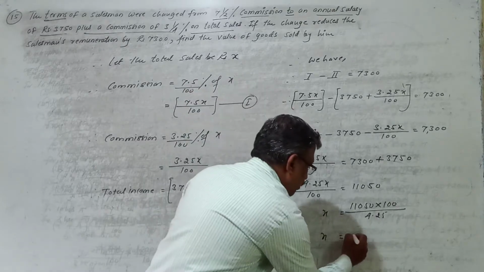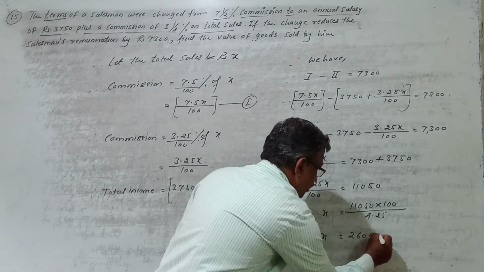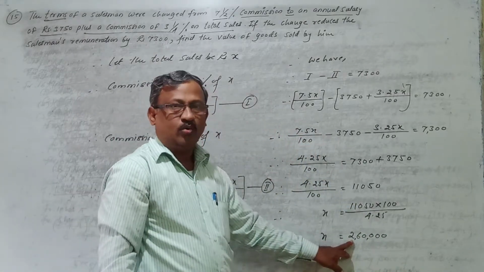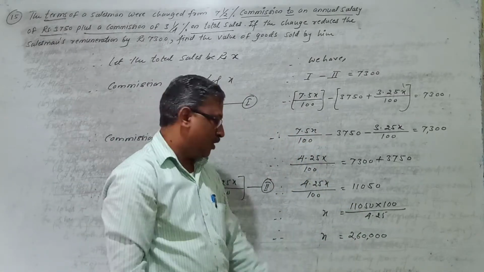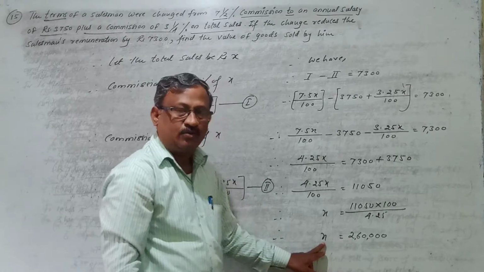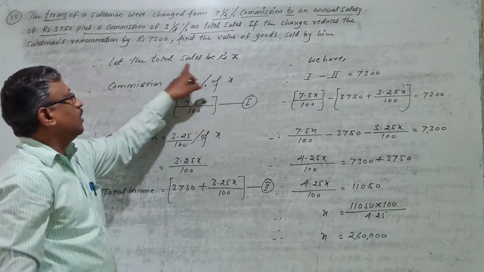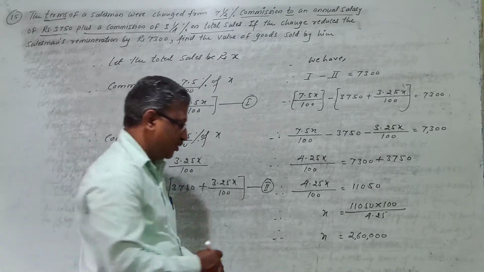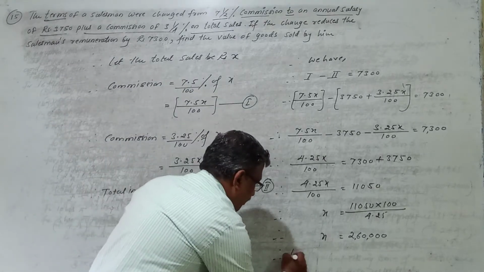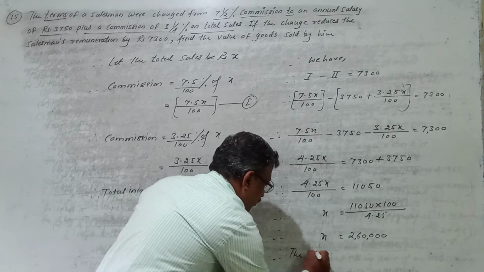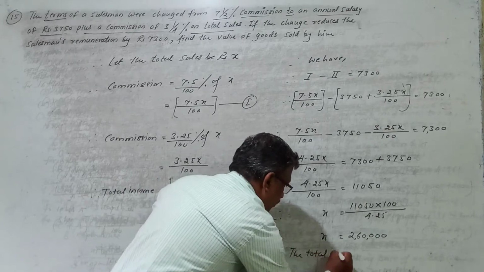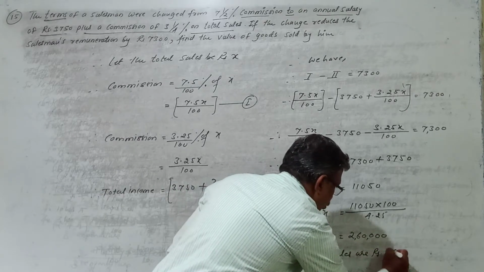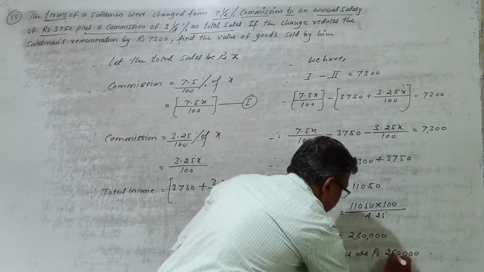It comes to 2,60,000. So 2,60,000 is my x value, and the x value we assumed is our total sales. So what must be our total sales? 2,60,000. Below this you can write, therefore the total sales are rupees 2,60,000.